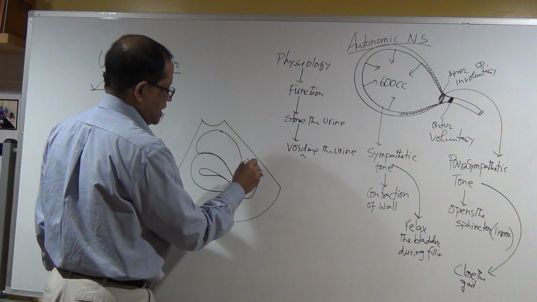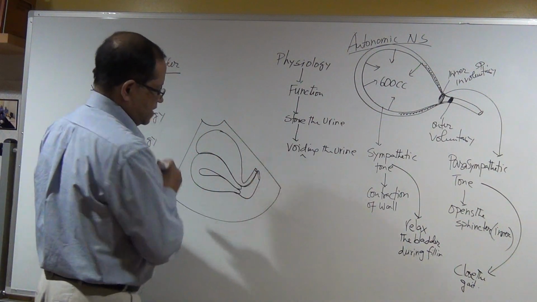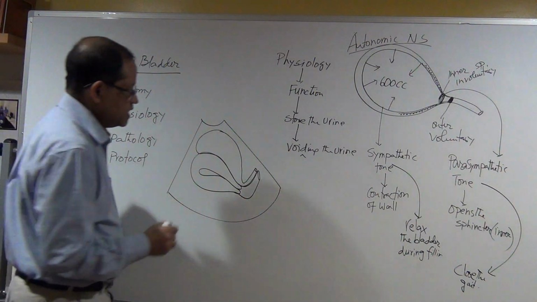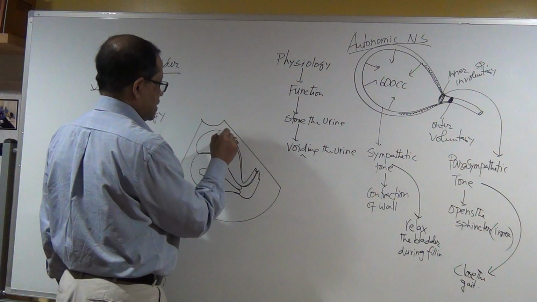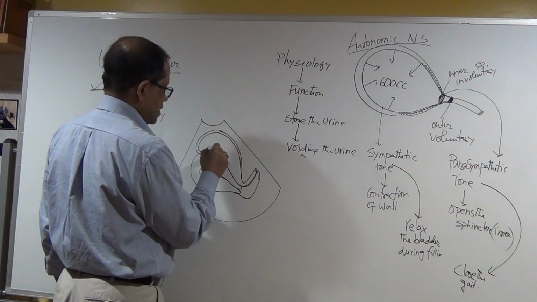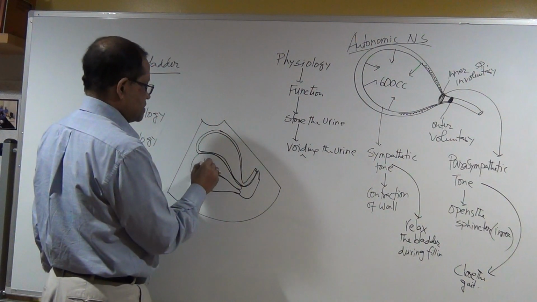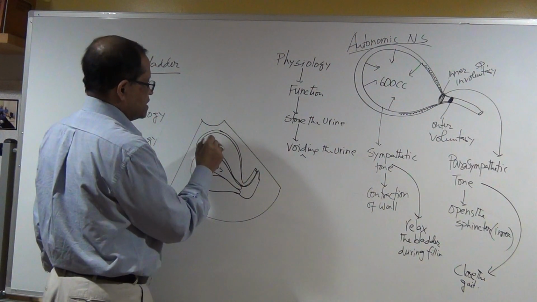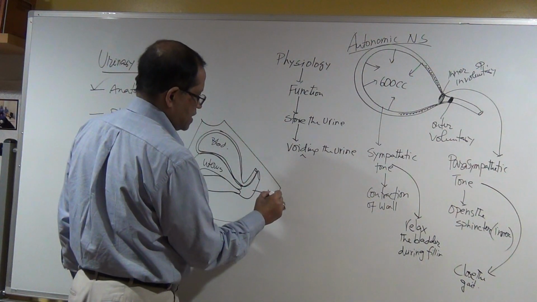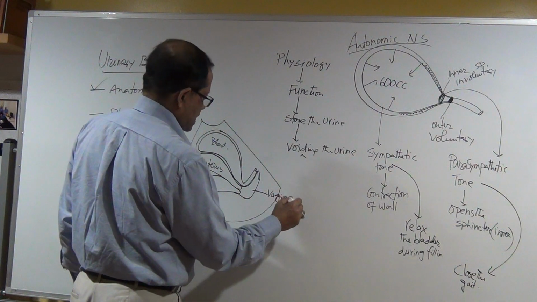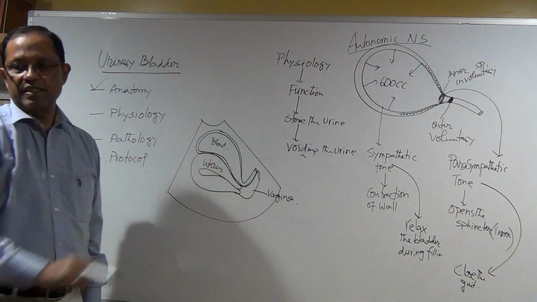And urethra is right there. You need to know this diagram. So this is bladder. This is uterus, this is bladder, this is vagina. You need to know that the urethra is on the anterior wall of the vagina.